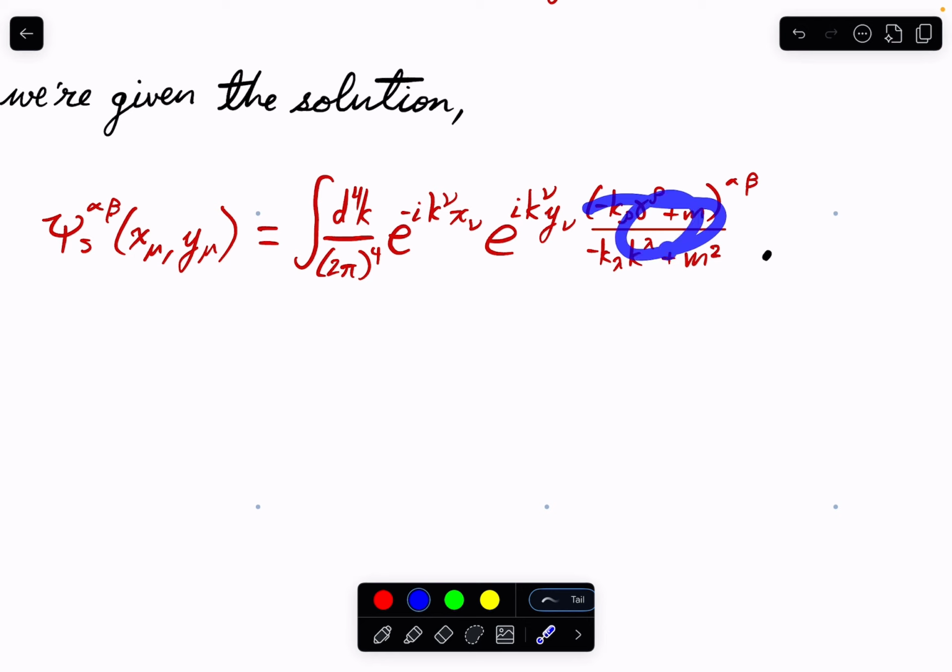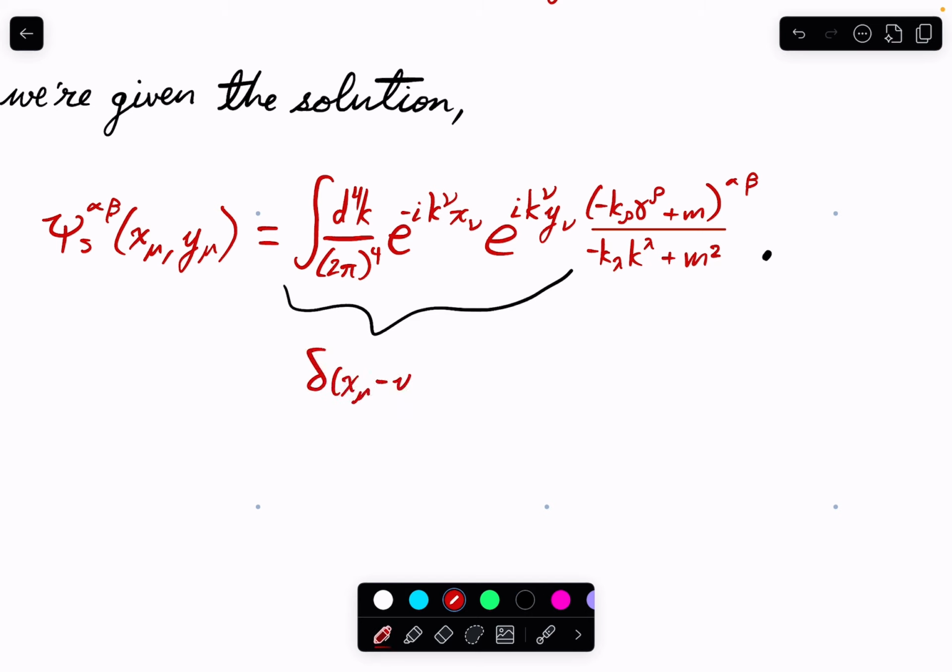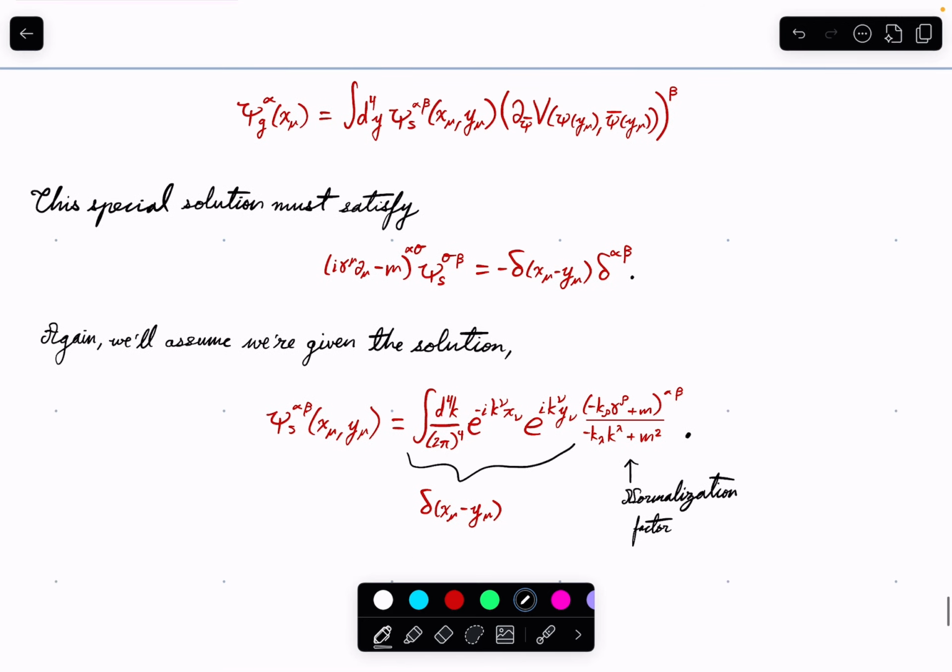And then you have this, which I called before the definition of the Dirac delta, the delta distribution. So that's what this is, and this right here is a normalization factor.